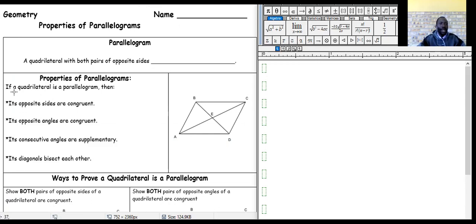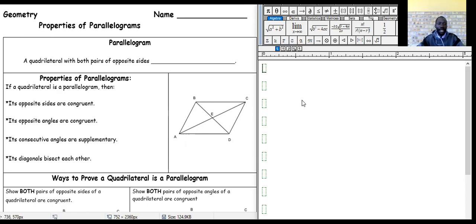The first one is that if a quadrilateral, a four-sided polygon, is a parallelogram, then its opposite sides are congruent, meaning AD, which is opposite to BC, has the same length. Also AB, which is opposite to DC, has the same length. That is what they're trying to say.